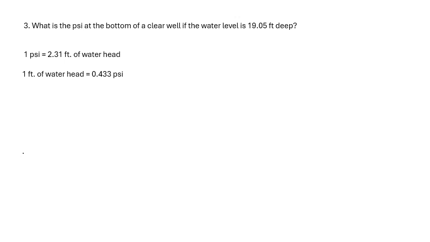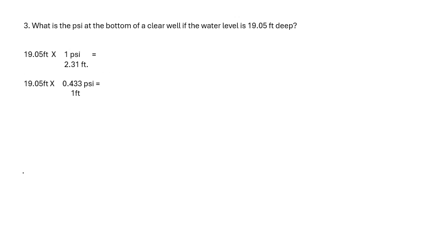And you're going to set these up based on canceling out, as in this problem, the feet. So with 1 PSI to 2.31 foot of water, you're going to divide by 2.31 to cancel out feet. And then using the 0.433 PSI per foot, you're going to multiply across because you want to cancel out feet.